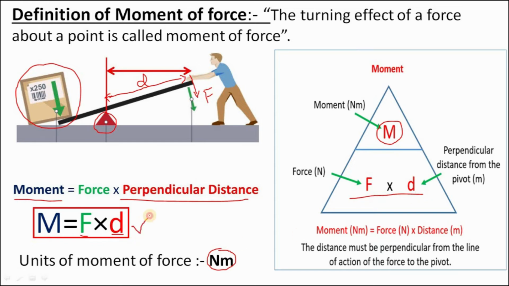If you want to calculate force, close the force and the remaining thing is moment divided by distance. If you want to calculate distance, close the distance. The remaining quantities are moment divided by force. In this way you can calculate in terms of force, in terms of distance, and as usual moment of force.